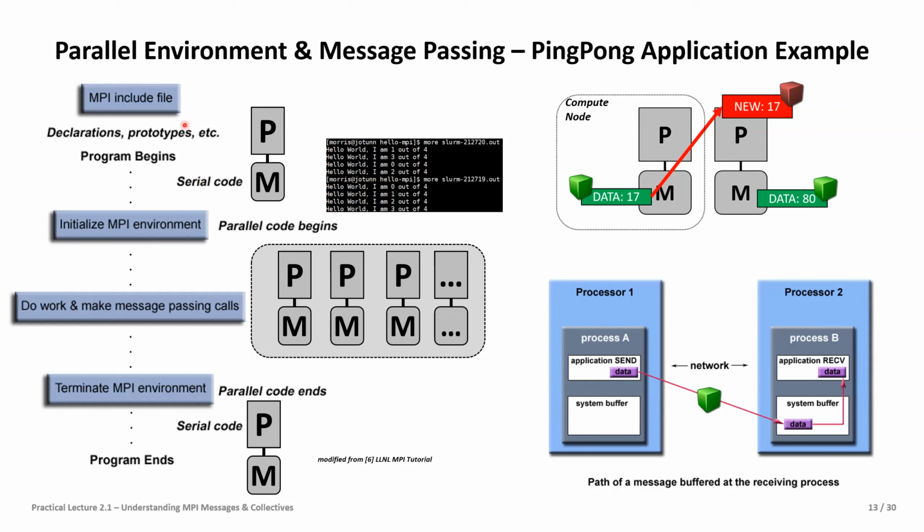We have the serial part, and also after the MPI_Finalize or MPI_Init before here. When you now execute this, it's the same application, the same source code. How in the world should we know that one is doing a ping and one is doing a pong? In other words, who is doing the ping initially, and the one receiving the ping then performs the pong, and the other is receiving the pong.